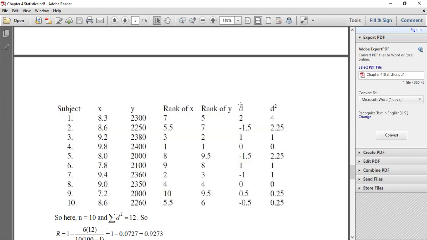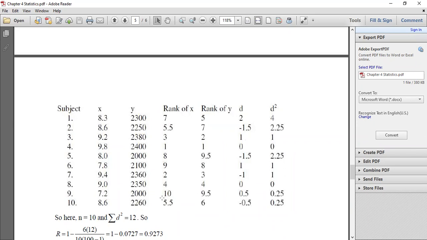Then what is D? This is what we are interested in, because this is what applies to our formula. D means the difference between the two ranks. So you take 7 minus 5, you get 2. 5.5 minus 7, you get negative 1.5. 3 minus 2, you get 1.